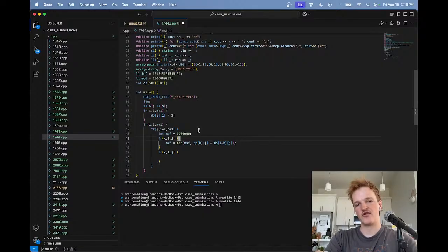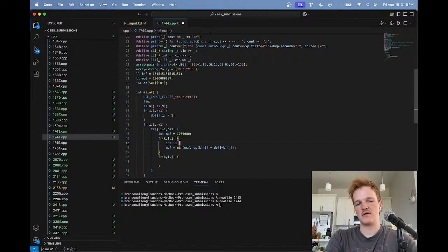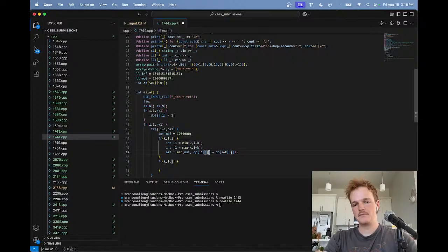I need to be a little careful though, because I've assumed that j is always greater than i. So what I really want to do is say i1 is equal to min k, i minus k, and j1 is equal to max k, i minus k. No, that's not right. This has nothing to do with j.